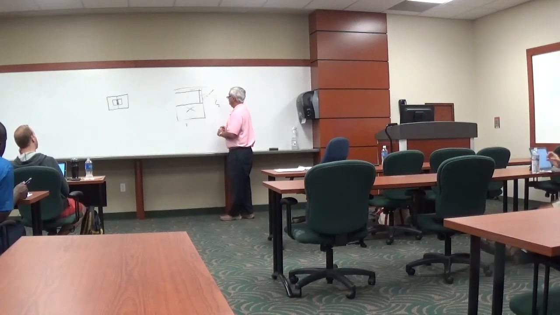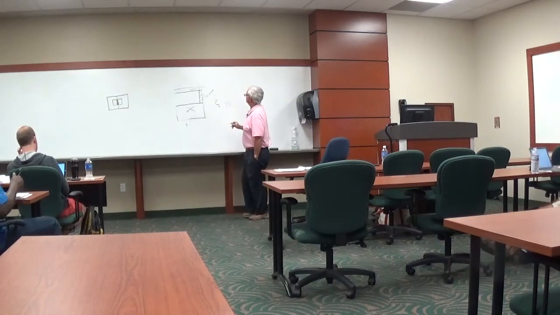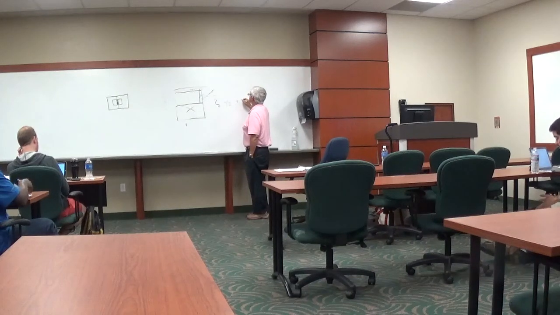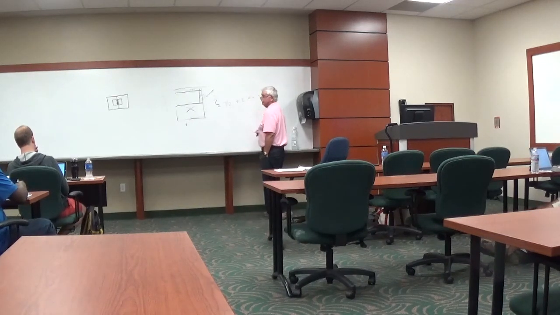So in this deed, I would sell you the south half of the property, and I would grant you an easement over the east 10 feet of the north half of the property, which I'm keeping. That's a grant.